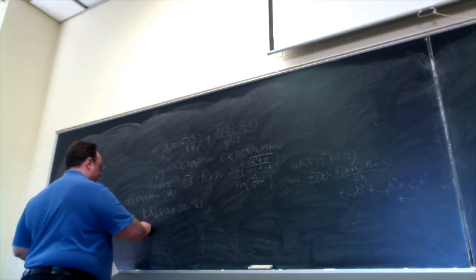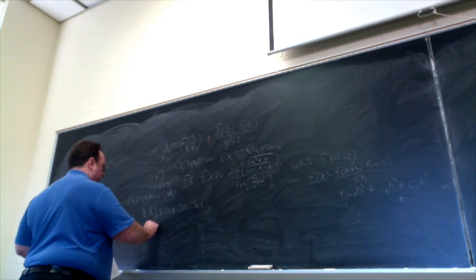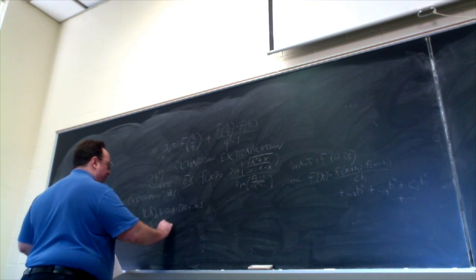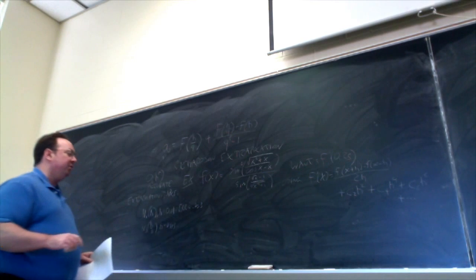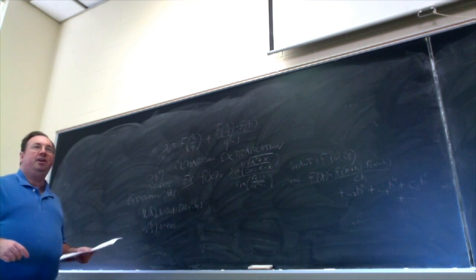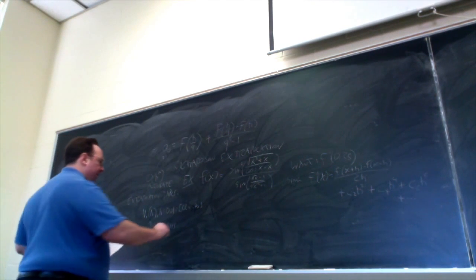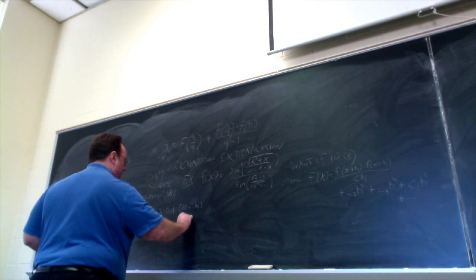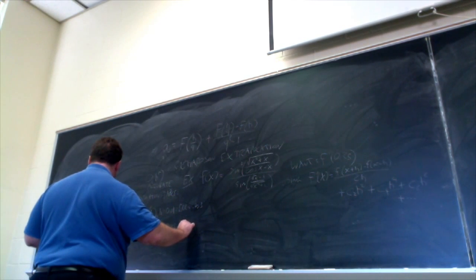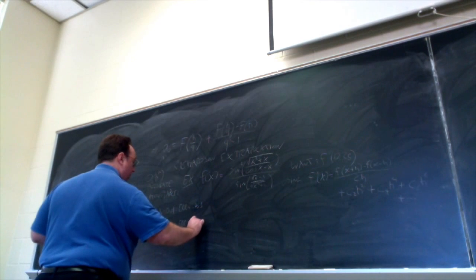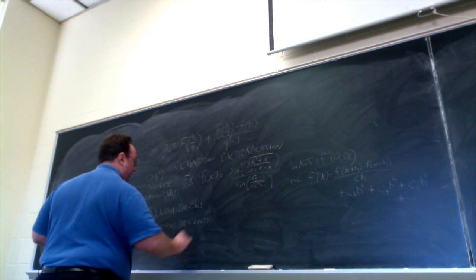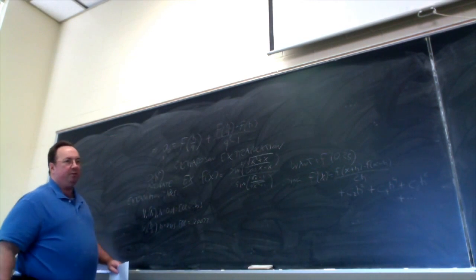Then I do it again with half the spacing, so 0.005. Now this is a second order accurate rule, so the error should decrease by about a factor of 4. The error in this case is 0.00077, and that is roughly a quarter.